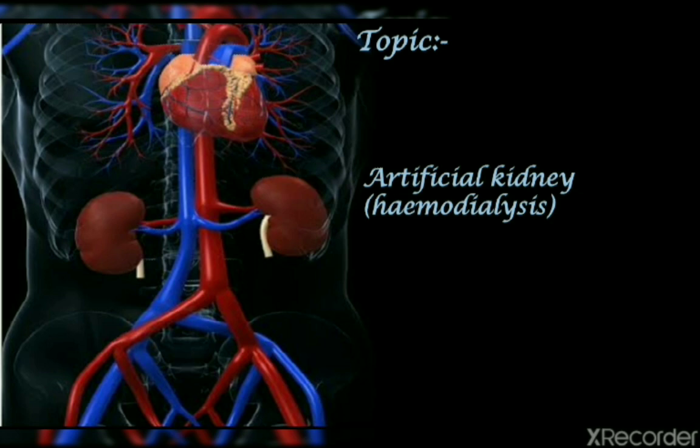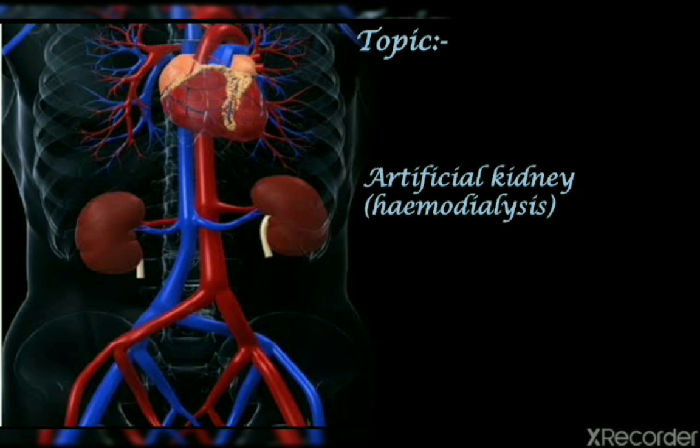So in that way, the level of urea in their blood will increase. If the level of urea increases in their blood, it creates some acidic or toxic substance in their bodies. So with the help of artificial kidney, we can easily remove that urea from the blood.